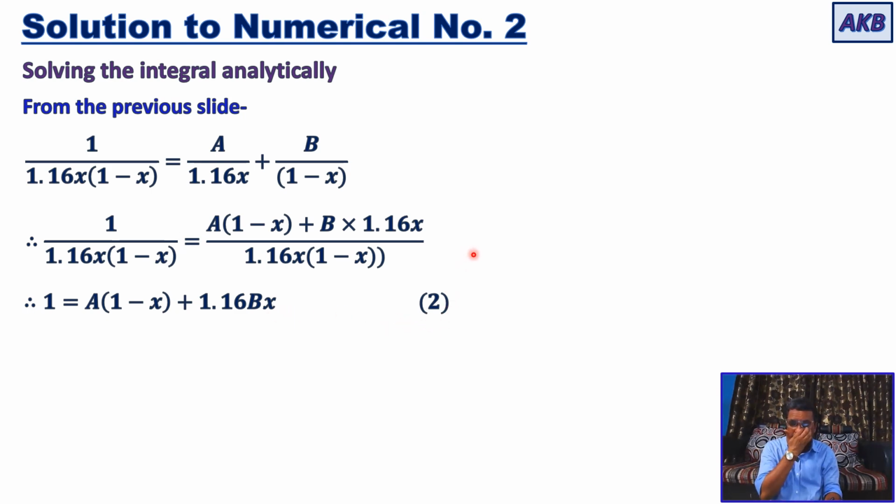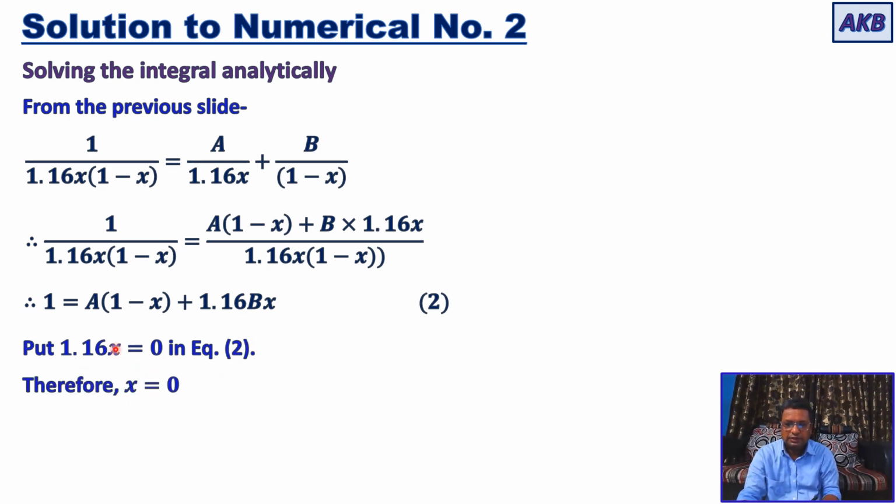Now our task is to get a and b. The approach is, in order to get a, we are going to put the term in the denominator which has a in it equal to 0. So in order to get a, I will put 1.16x equal to 0 in equation 2. In other words, I'll be putting x is equal to 0.